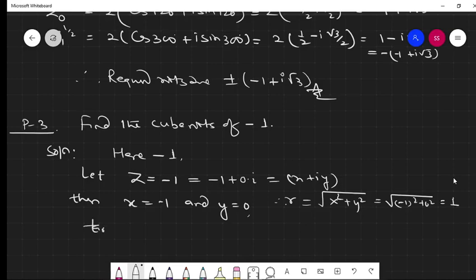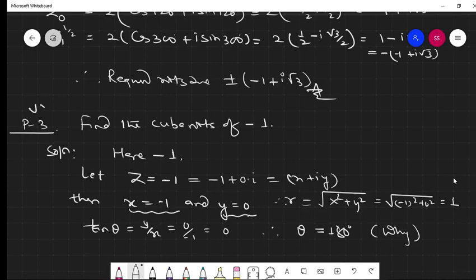Tan theta equal y over x equal 0 by minus 1 equal to 0, therefore theta equal 180 degree. Why? You may have a question, why 180? Tan 0 is 0, but how is it 180? Because the value of the x coordinate is negative and y is 0, that's why the angle is 180 degree. That's why this is also an important question.